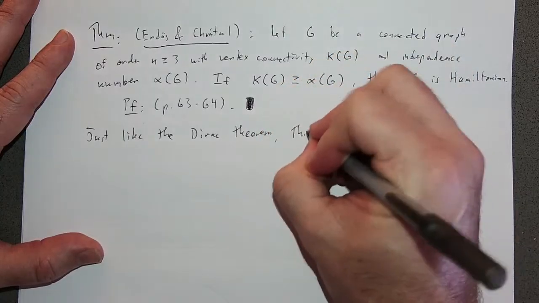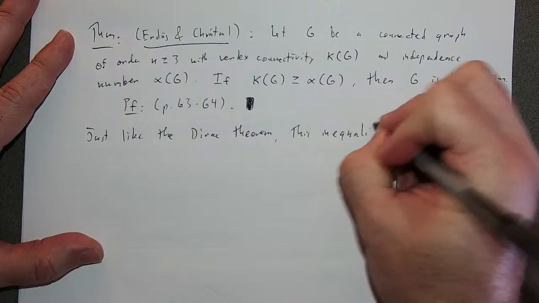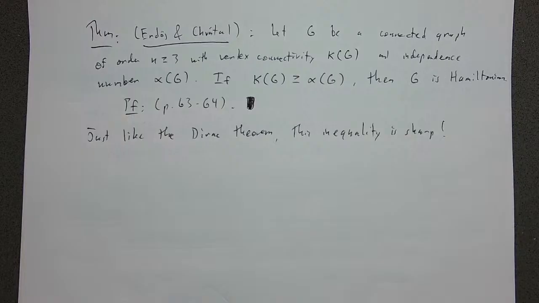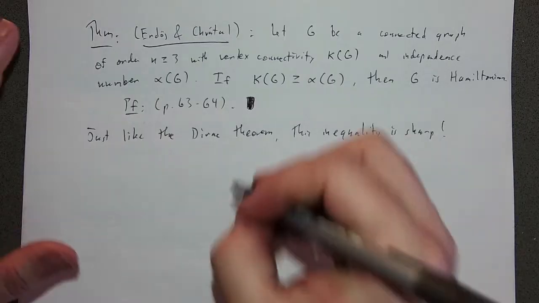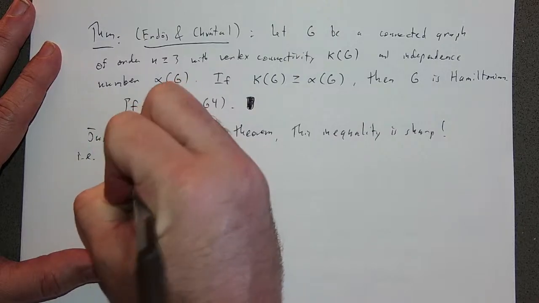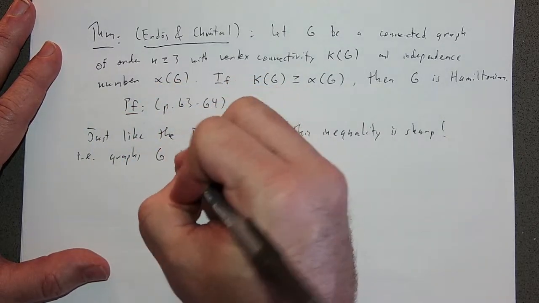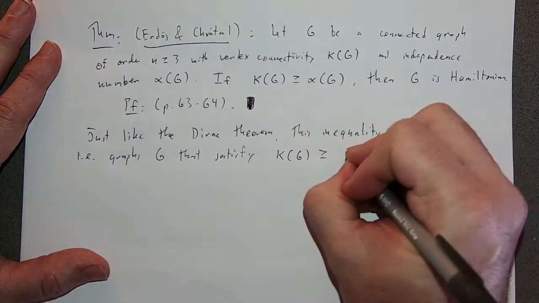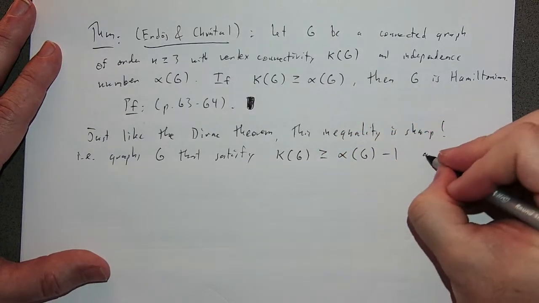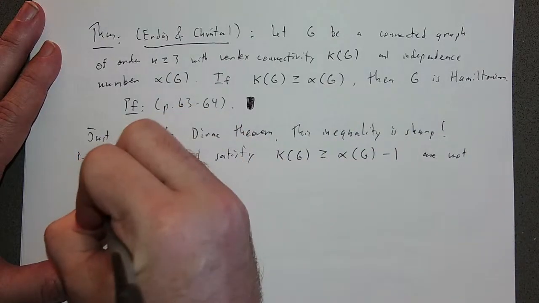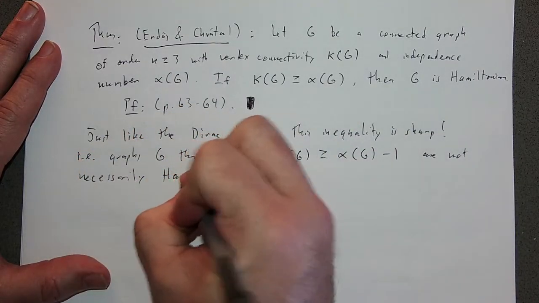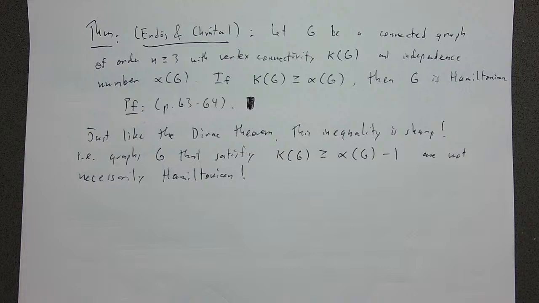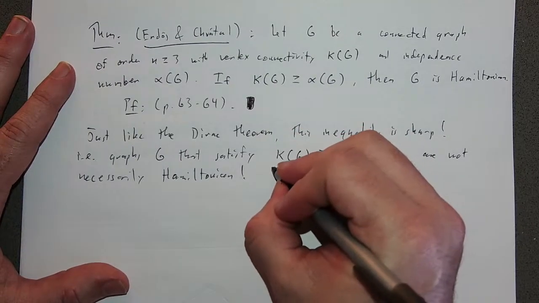I.e., graphs that satisfy that their connectivity is greater than or equal to the independence number minus 1 are not necessarily Hamiltonian. Can you find an example?